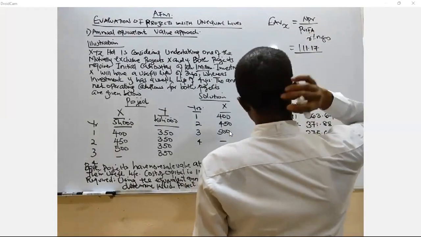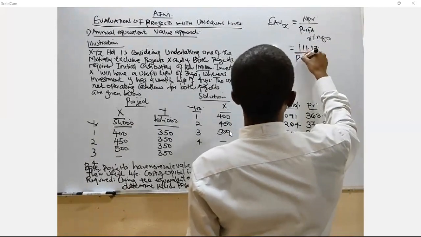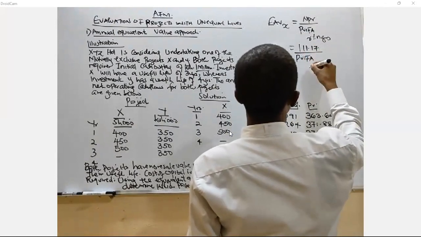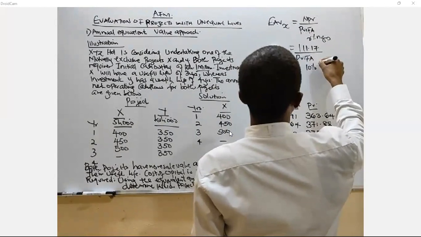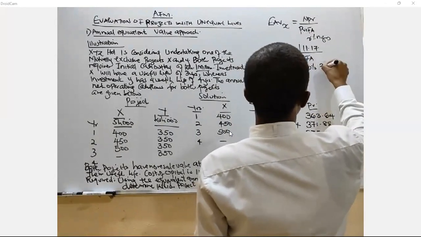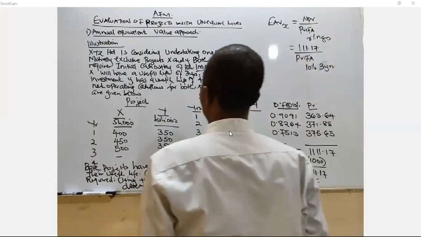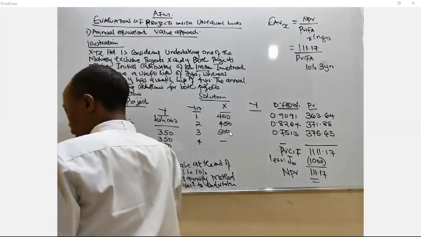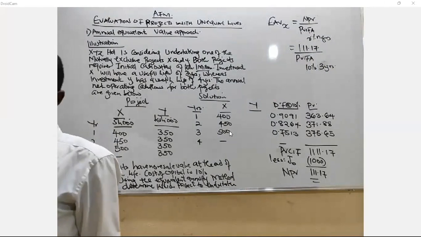We divide it by the present value interest factor annuity, R which is 10%. Is it 4 years or 3 years? Project X, as per the question, normally has a useful life of 3 years.